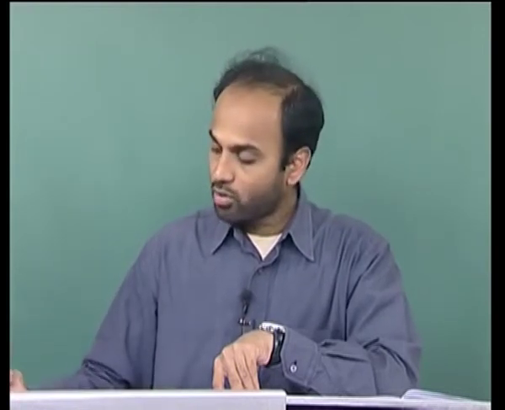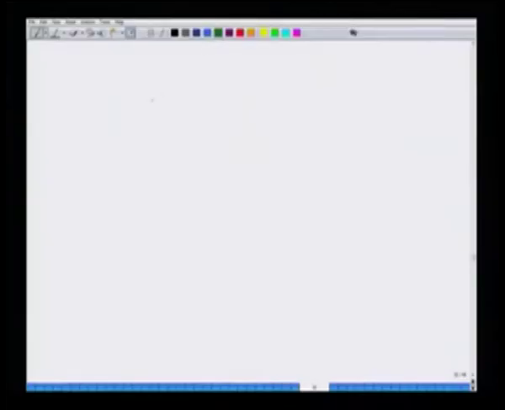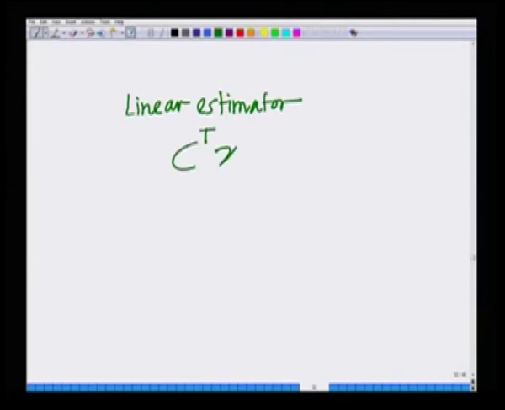Now, further I want to consider what is known as a linear estimator. Hence, I want to consider an estimator of the form x hat equals C transpose y bar.